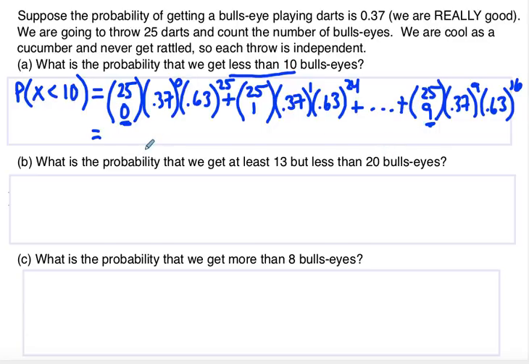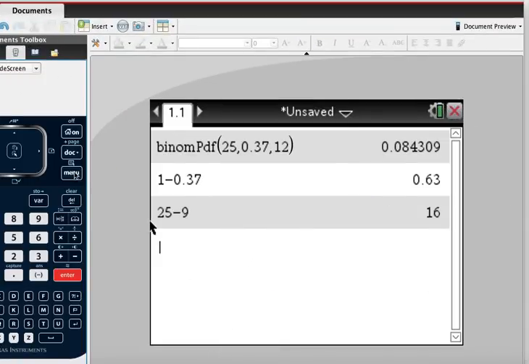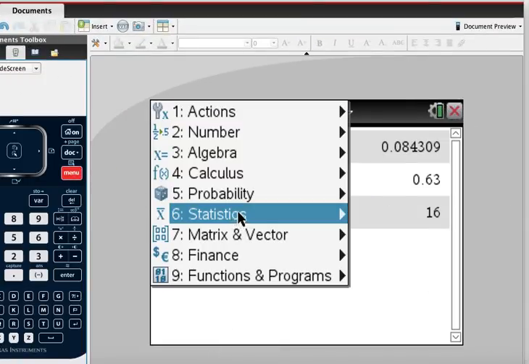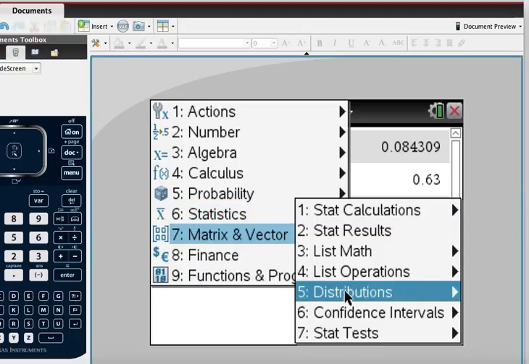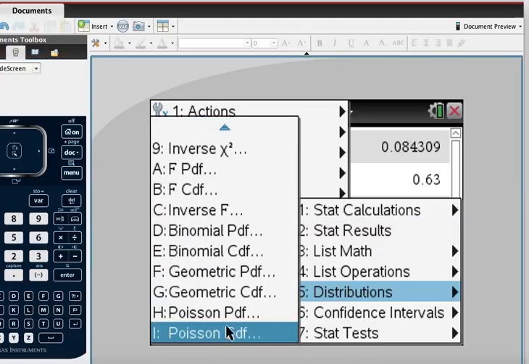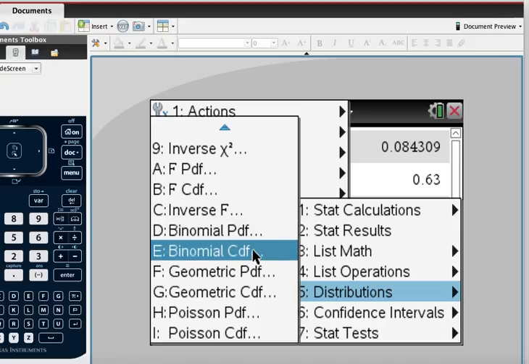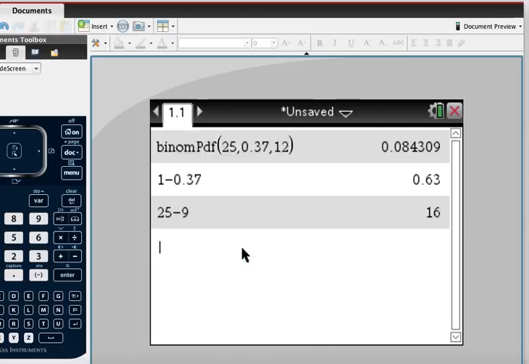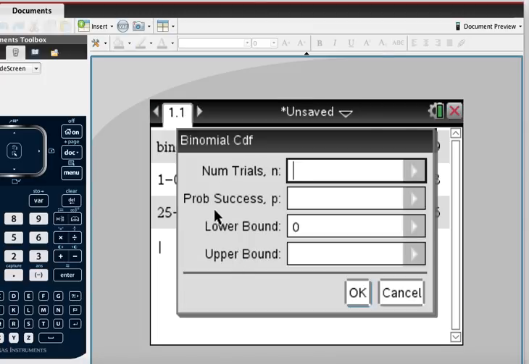But now is where you're going to go to your calculator. So we're going to go menu, 6, 5, and then you're going to go down and then decide, is it PDF or CDF? Well, since this was an inequality, less than 10, we're going to do CDF. Number of trials was 25, because we were throwing the darts 25 times.